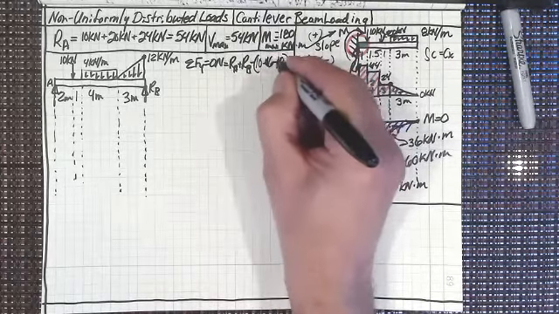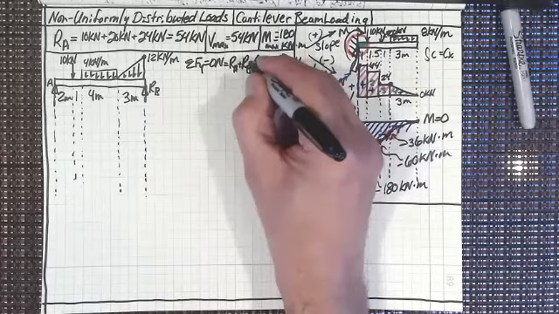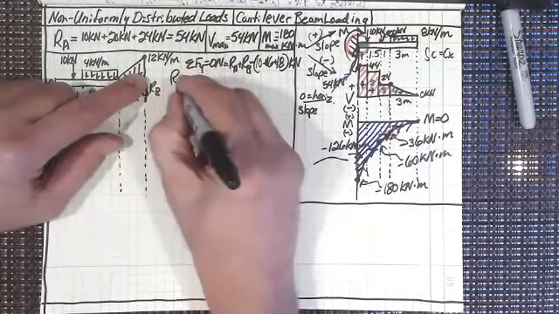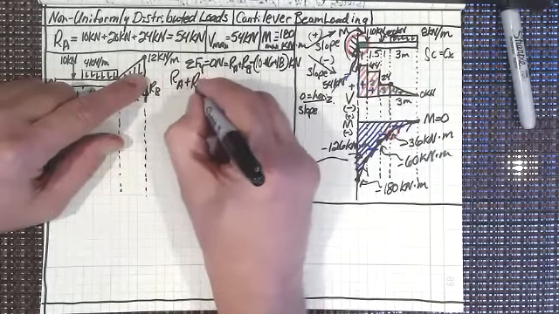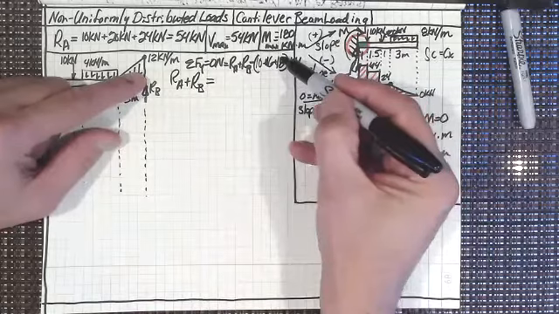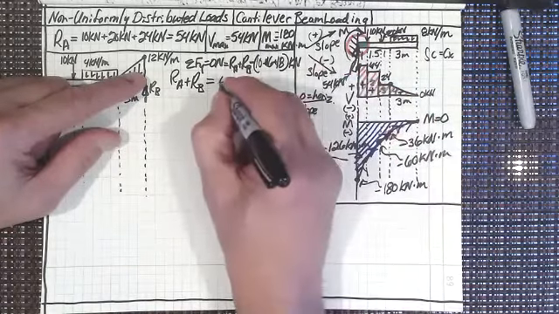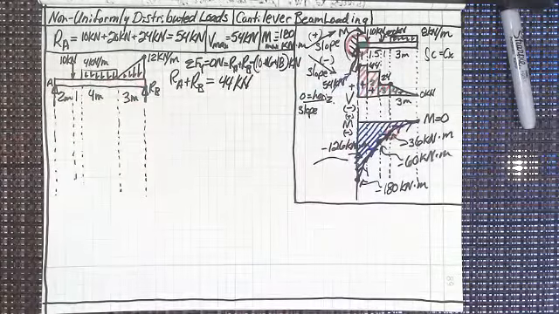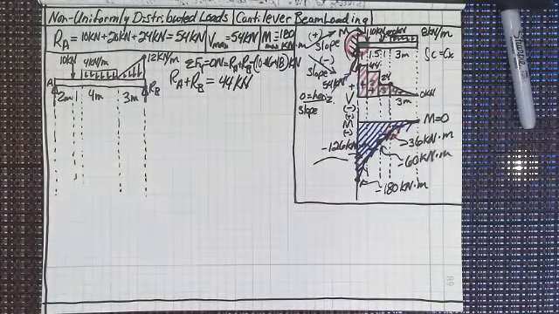Well, I guess these are pluses then, if I put parentheses around it. All right, so there we go. So actually what we get here is R_A plus R_B is going to equal 44 kilonewtons, right? Everybody see how I do that?